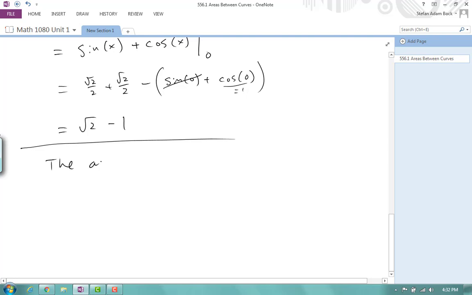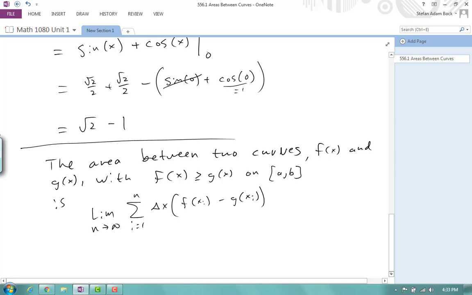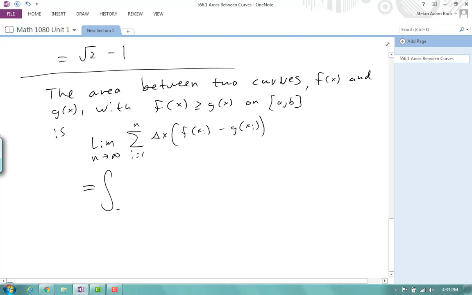The area between two curves f of x and g of x, with f of x greater than or equal to g of x on the interval, is the limit as n goes to infinity of the sum i equals 1 up to n of delta x times f of x sub i minus g of x sub i, or in terms of integrals, it will be the integral from a to b of f of x minus g of x.